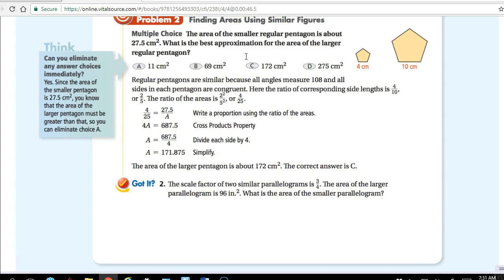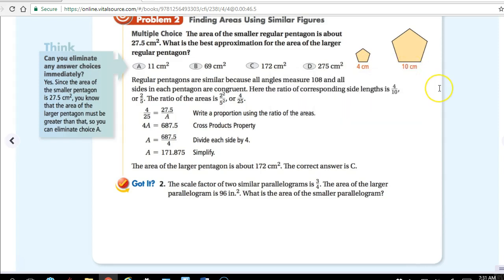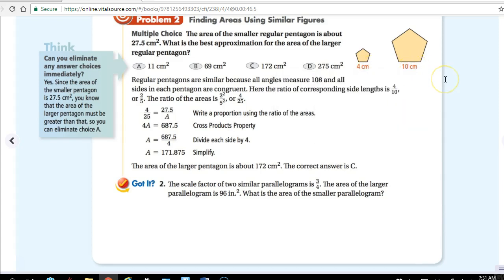Now, if we look just at the two things here, the 4 and the 10, then we would see here that this has a ratio of, again, 4 to 10. Okay, that's its basic length ratio.